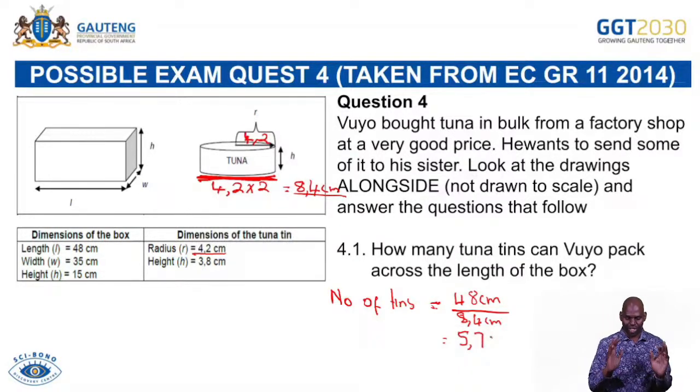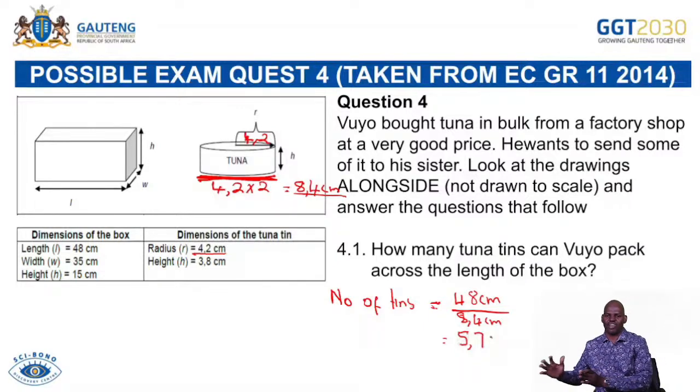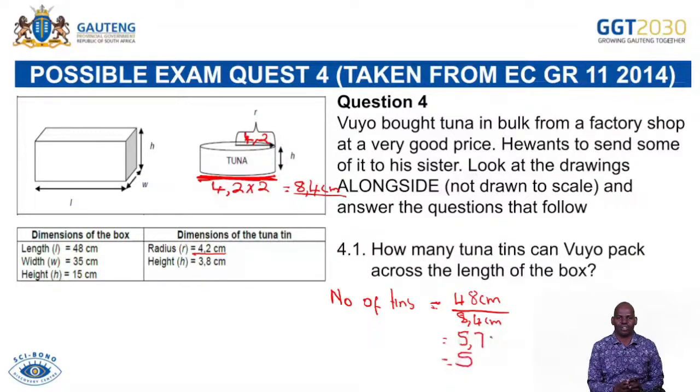Be careful, it's just the number of tins. But remember, we don't round off, we round down. If we round off, it's going to be 6, but the sixth tin would not have enough space. Therefore we have enough space for 5 tins. So we round it down. That is 4.1.